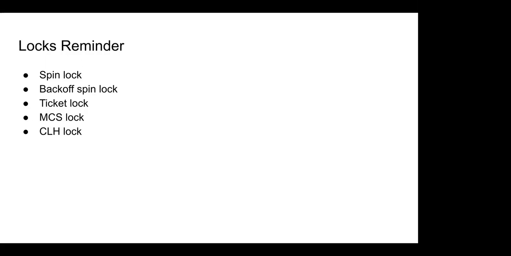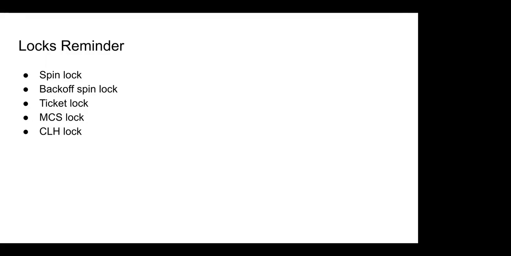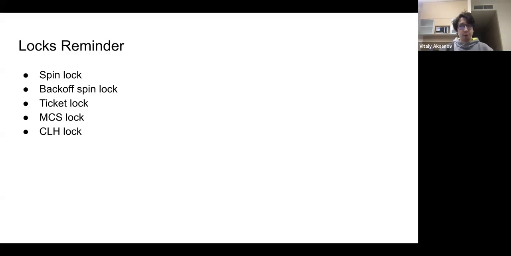What are the algorithms that you don't know? If I remember correctly, MCS lock waits on foreign memory and CLH lock waits on its own memory. Vice versa. Ah, okay. Vice versa, yeah.